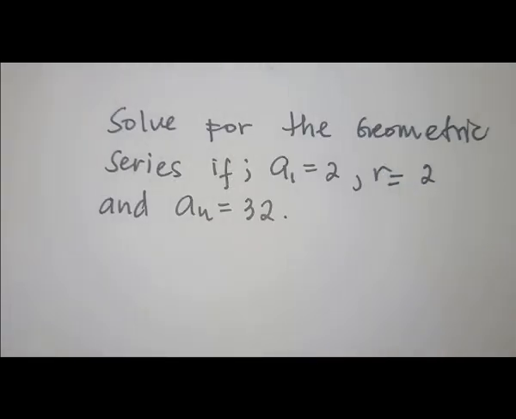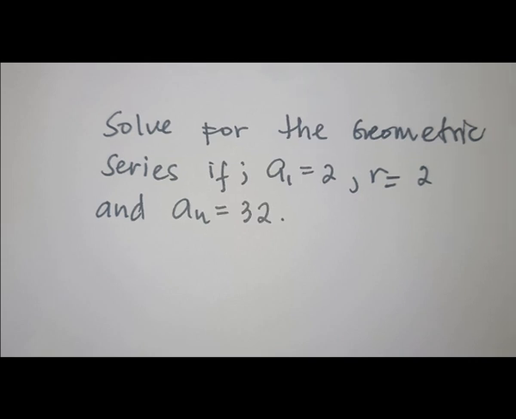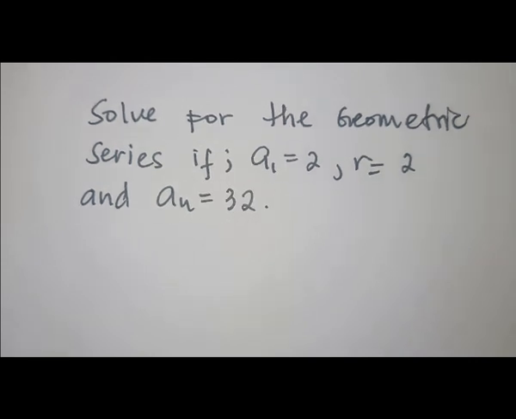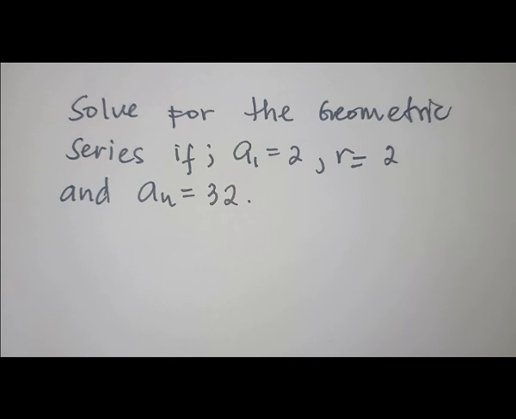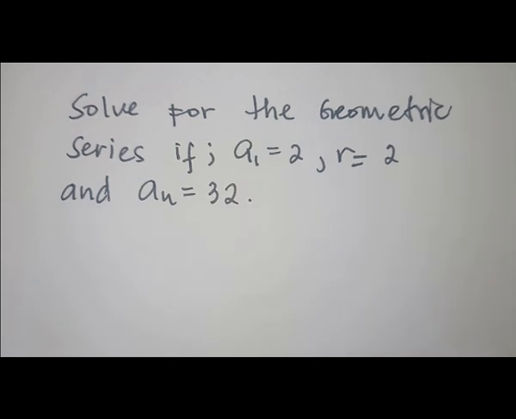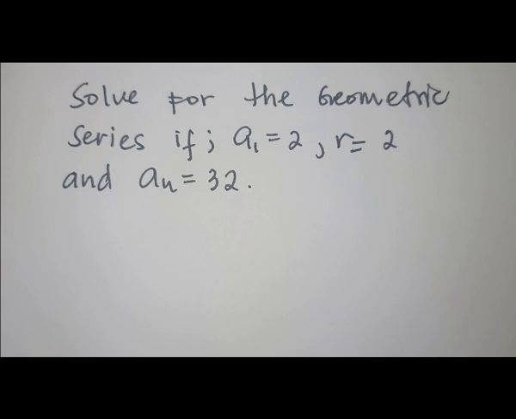Okay, so what if we encounter this kind of problem? Solve for the geometric series if a sub 1 is 2, common ratio is 2, and a sub n is 32.